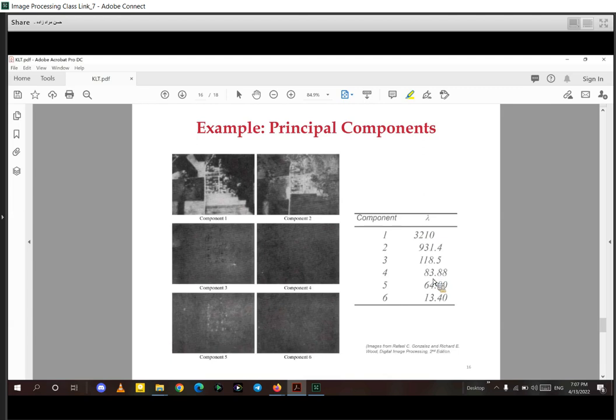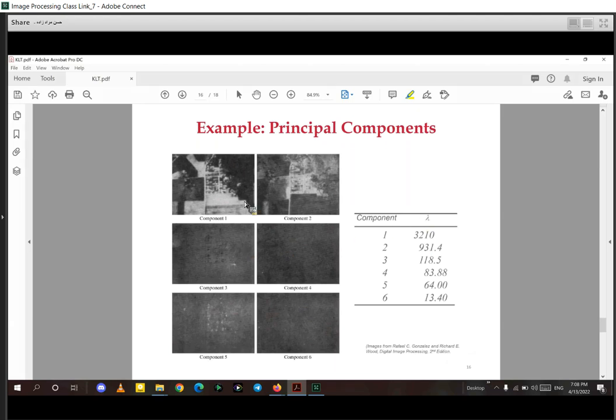Other components, 3 to 6, have smaller lambdas: about 100, less than 100, 80, 60, and 13. These are very small lambdas compared to component 1 and component 2.